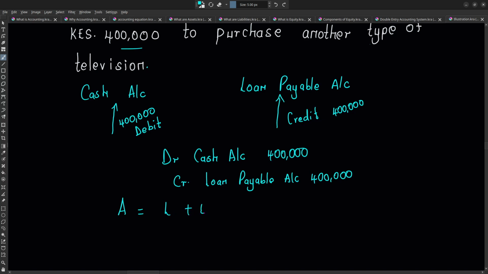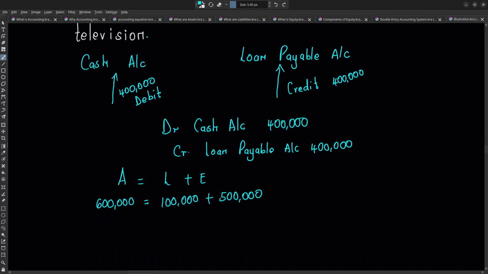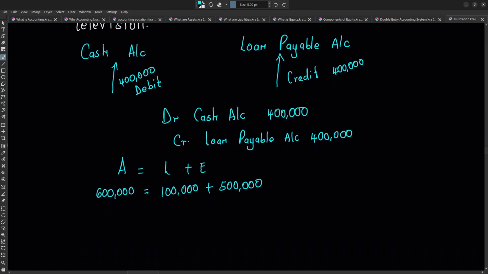So we left when we had assets of 600,000, a liability of 100,000, and equity of 500,000. Now this is from our previous second transaction. Now we want to look at the accounting equation after the third transaction.